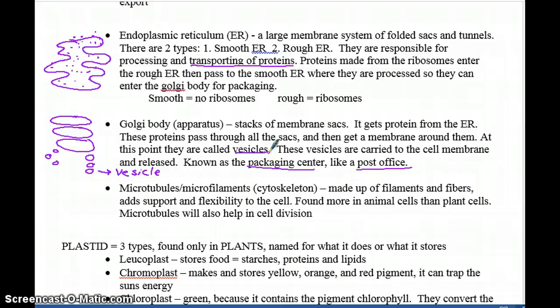The next organelles are known as microtubules and microfilaments. They are two separate parts, but when referred to together, they're known as the cytoskeleton. So I hope that you know from the name, it's going to give support. The microfilaments are made up of filaments.